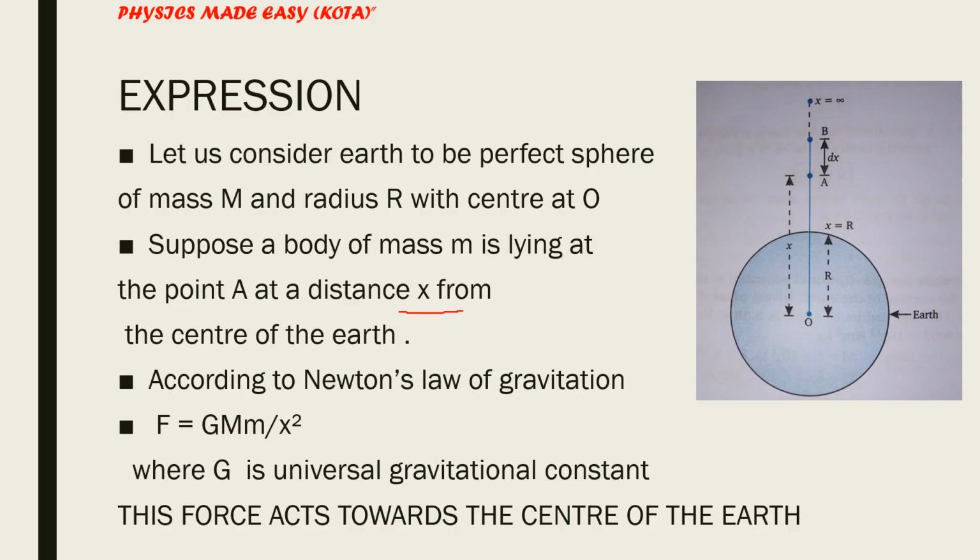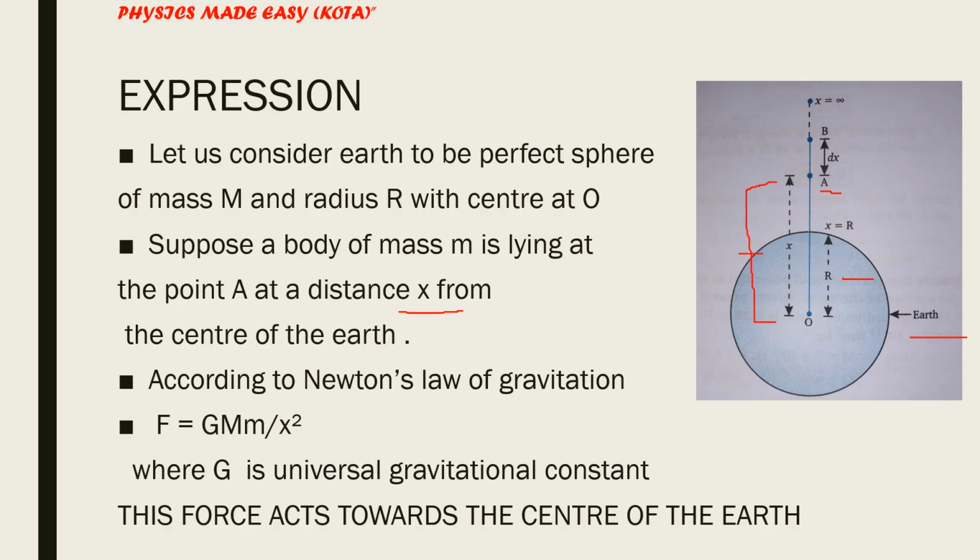From the image it is clearly understood that the earth is a perfect sphere having radius R and mass capital M, and here is a body of mass small m lying at a point capital A, and its distance from the center of the sphere is small x.